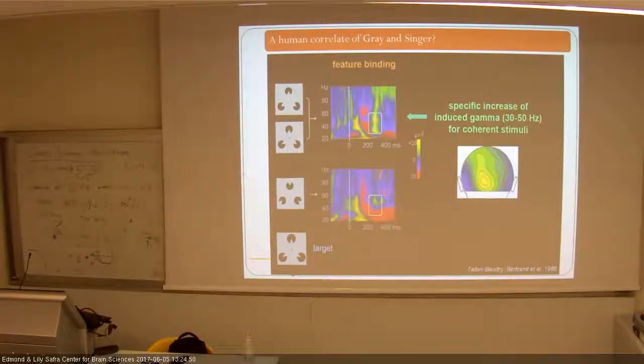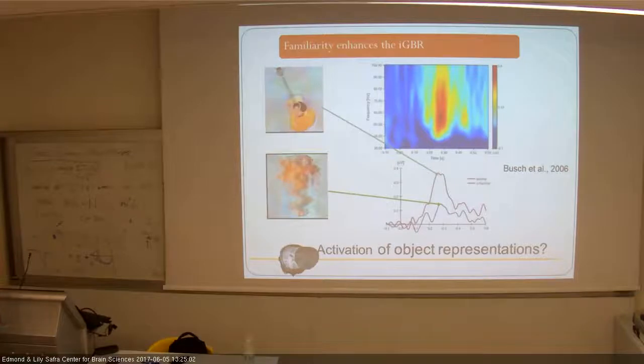So this looks like a really nice analog recorded from the scalp to the finding of Gray and Singer in the cat and in the monkey. And several other groups went after this gamma activity, and for instance showed that the gamma activity is stronger. You see here just the power of gamma over time.